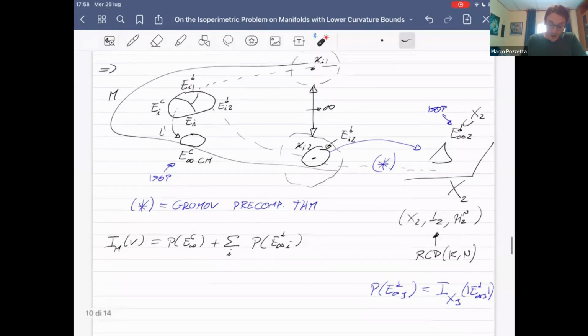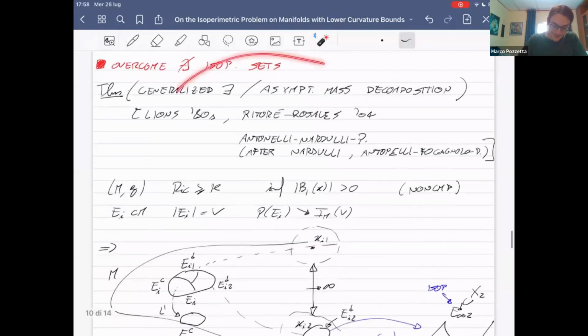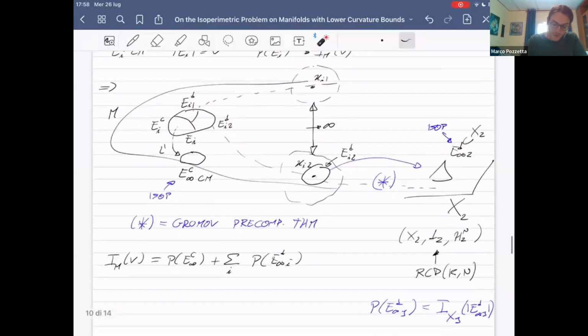But anyway, tomorrow we will discuss isoperimetric inequalities, and I will show you how to use these generalized existence results to get isoperimetric inequalities on the starting space. Just like now, we want to prove differential inequalities for the profile on the starting space, right? But reasoning on limits at infinity.